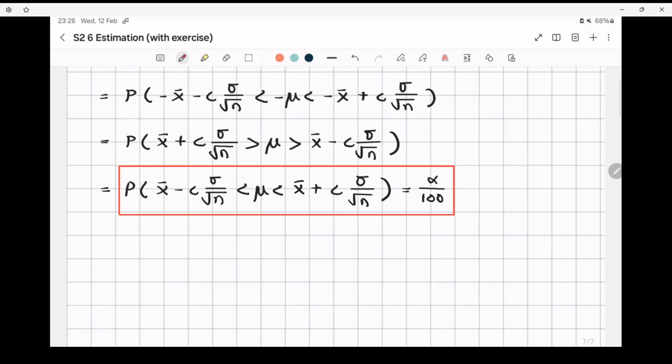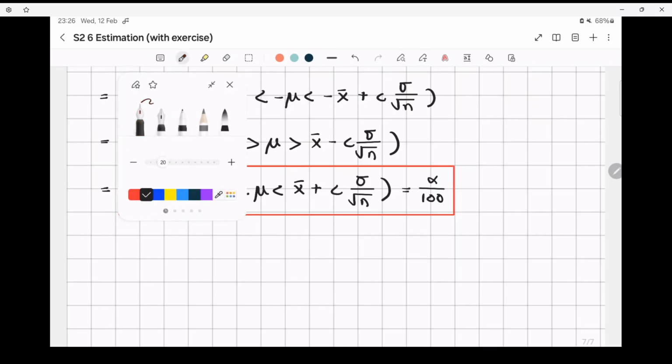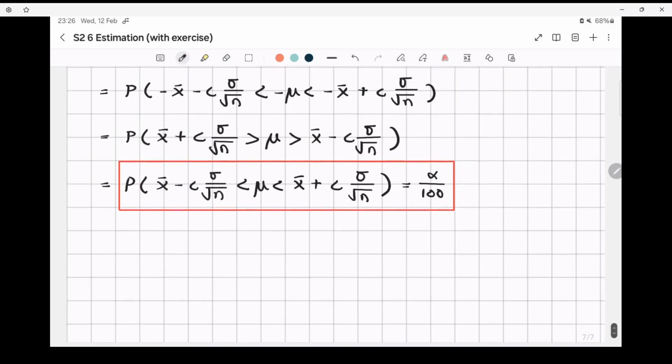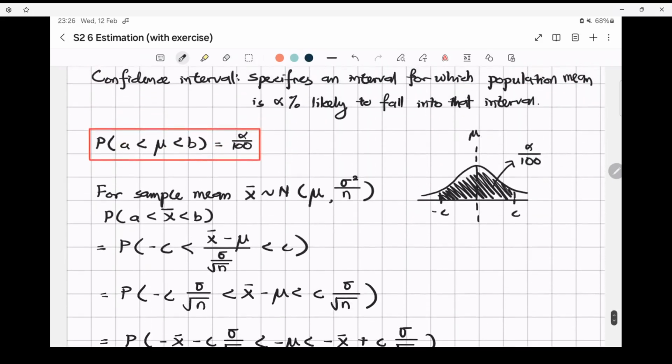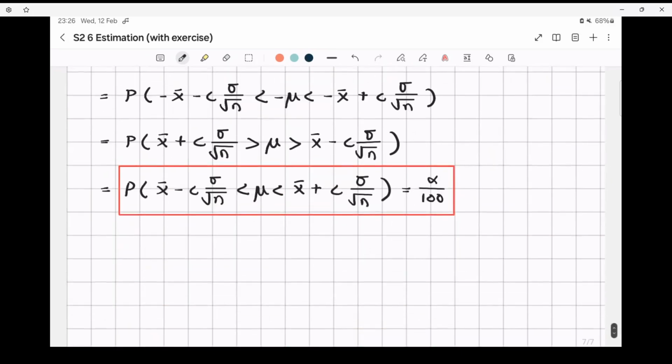So you might wonder, what is the value of C? The value of C comes from this particular diagram. So how do you find C? Okay, first thing first, your alpha percent confidence interval is given by this.